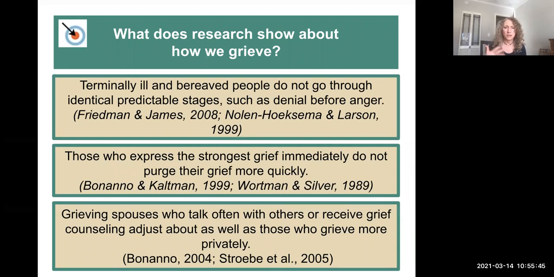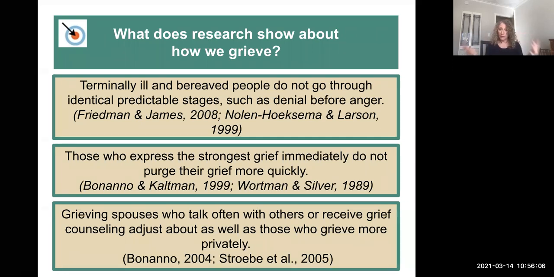There used to be stages that were taught, and we found that it's a very individual experience. Those who express the strongest grief immediately do not purge their grief more quickly. Grieving spouses who talk often with others or receive grief counseling adjust about as well as those who grieve more privately. So the greater point here is it depends on the individual, and you need to respect the individual's way of grieving.